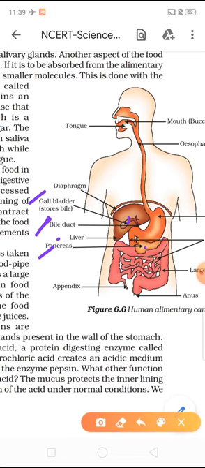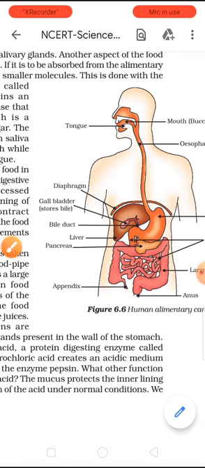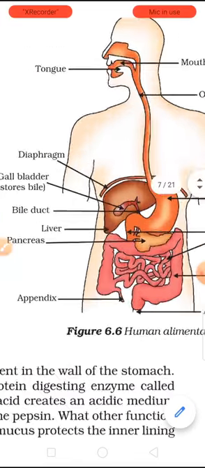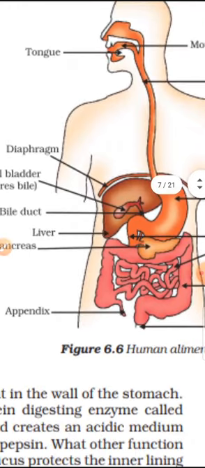You can see a small line over here. These two will have one common point, and both of them will secrete the juices into your small intestine. Can you see from the diagram?